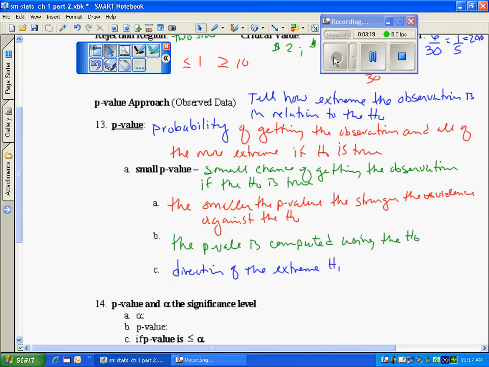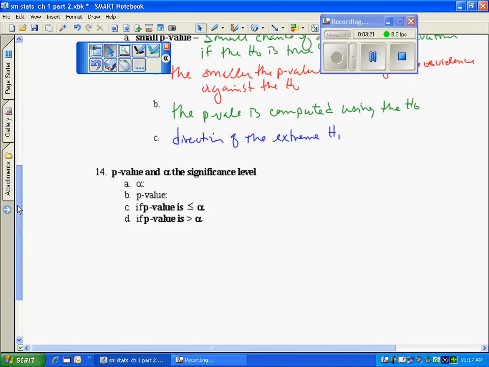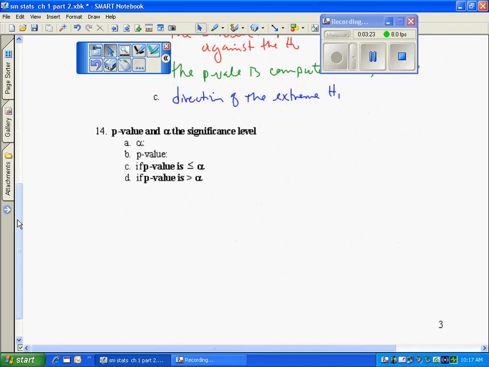So when we look at this, kind of using some symbols here, alpha. Alpha is the chance of a type 1 error. Alpha needs to be chosen by the researcher before, that's key, before the test, and you'll see why here in just a minute.